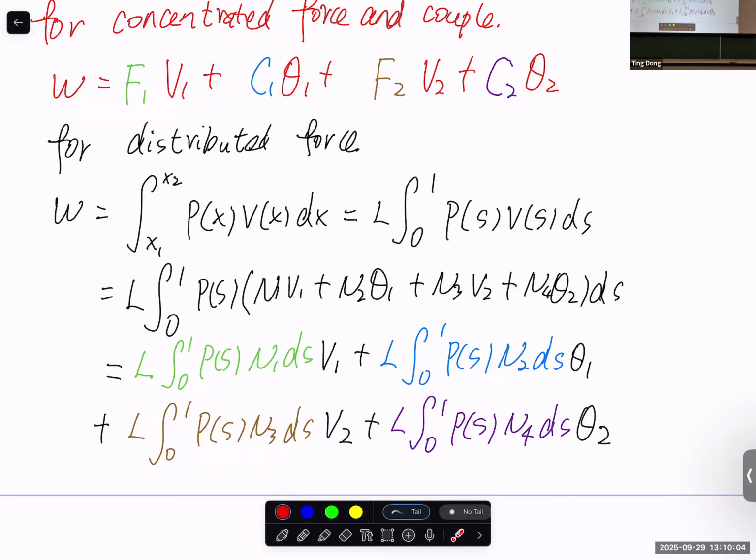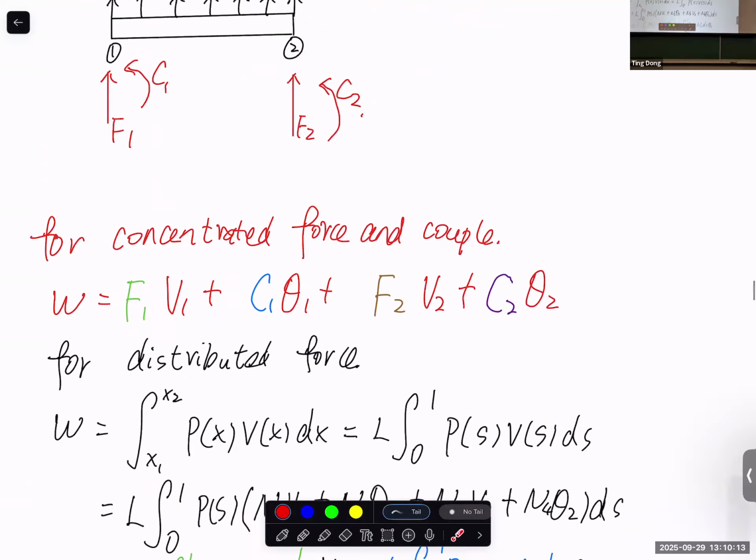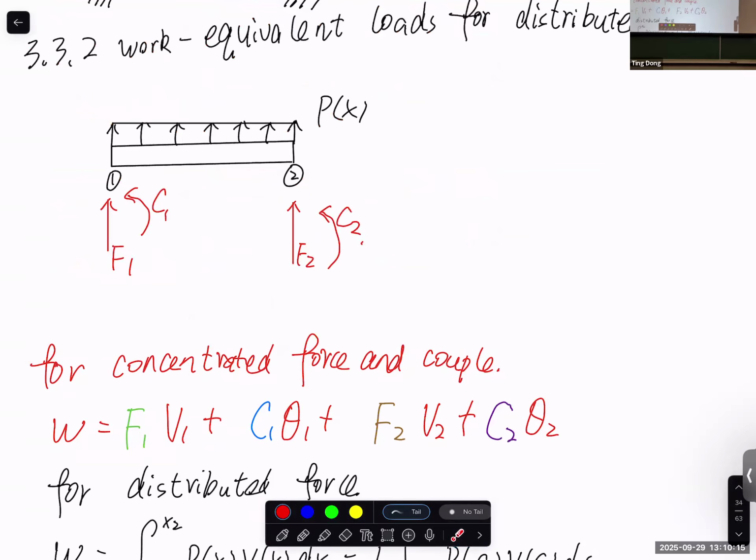If you check the homework, there's homework problem 3. It asks you to find the equivalent nodal force. I think it's this one, right? If you have a linear distributed force, you need to find the equivalent nodal force.